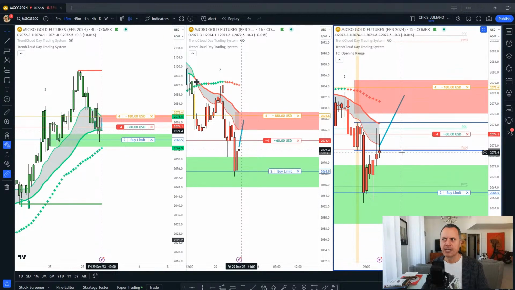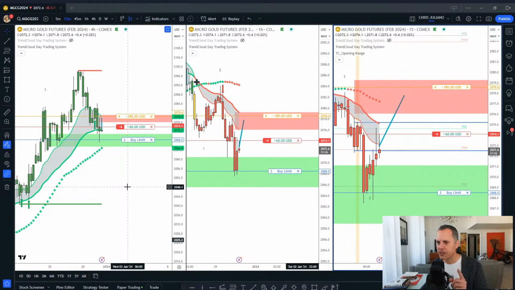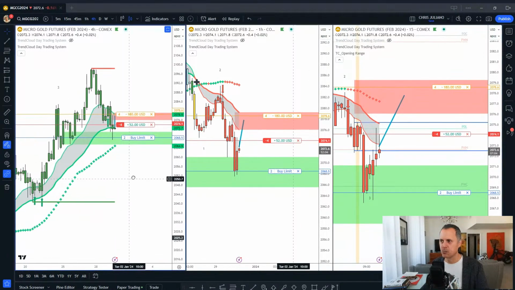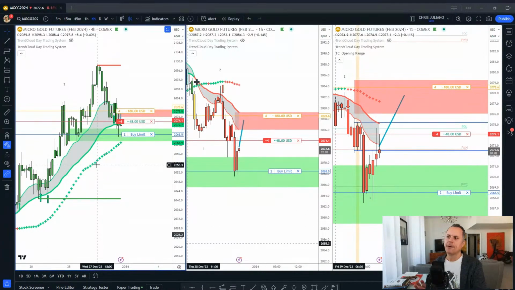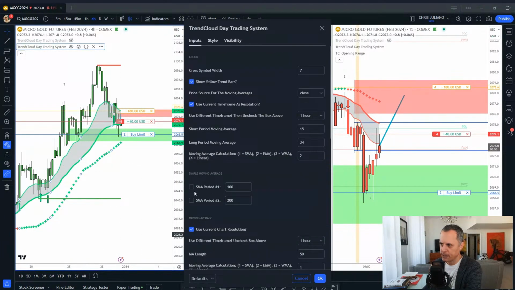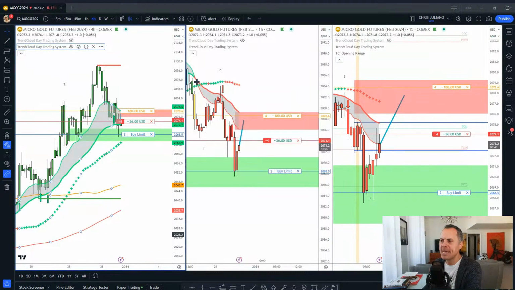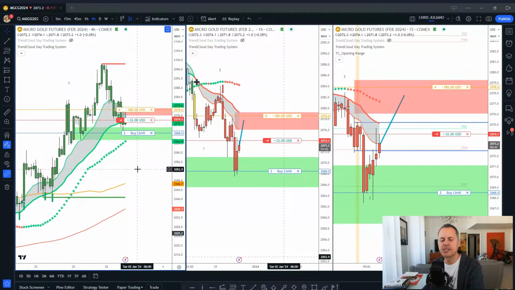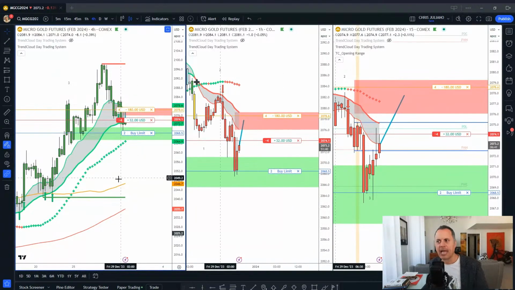Mass psychology, that's support and resistance, which is why I teach it this way in my course with TrendCloud. Major levels of support and resistance, and I incorporated that into the indicator itself right here: the 100 and the 200 simple moving average. These are what we consider major levels of support and resistance because everybody's looking at them, and they're used in big institutions and banks.